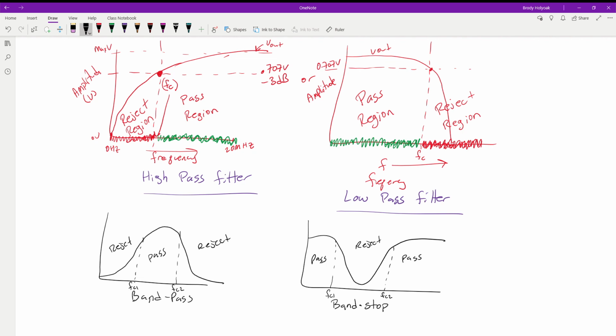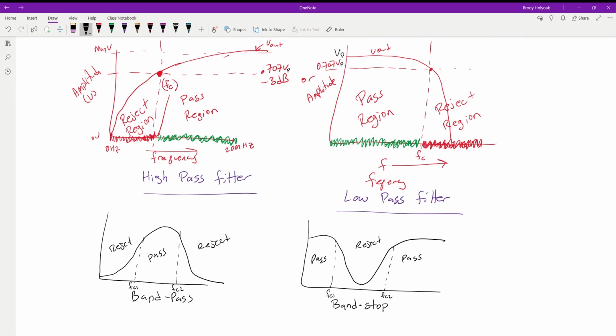So again, high pass passes any frequencies above our critical frequency, and that critical frequency is designated as the 0.707 of our max peak voltage. So we'll put that in there. And our low pass passes anything below our critical frequency, which is anything that has a voltage higher than our 0.707.